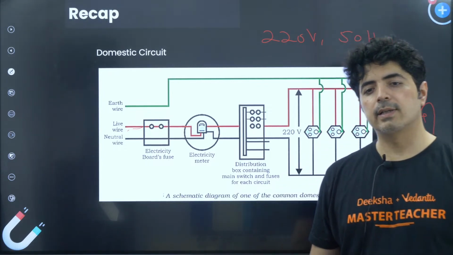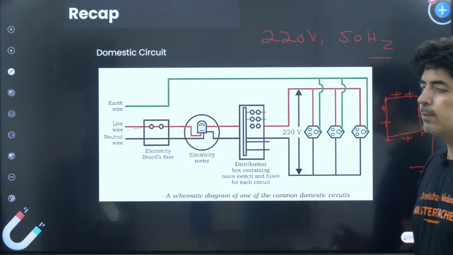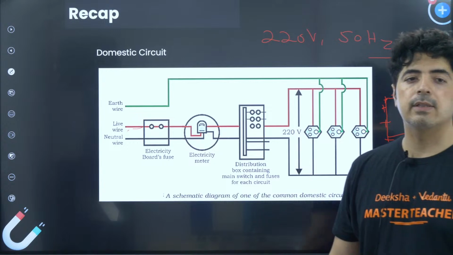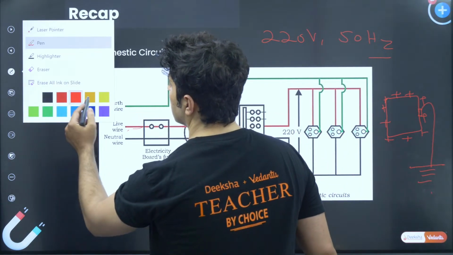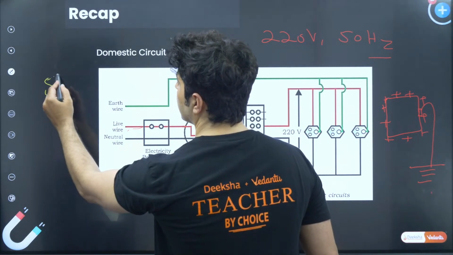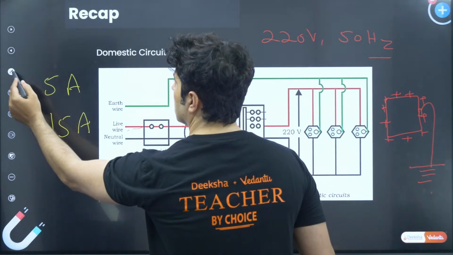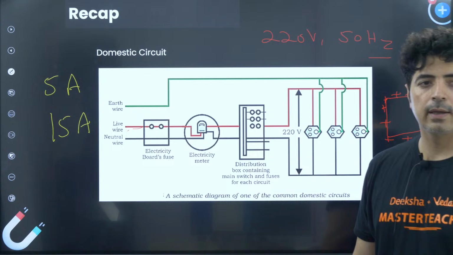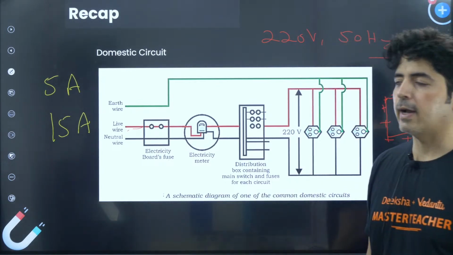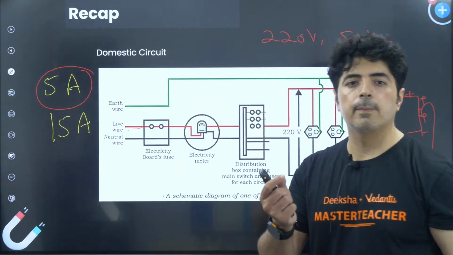All right, so let's go further. What other things are there? One more thing which comes here. There are two kinds of supplies. One more type of question which is asked in exams is 5 ampere and 15 ampere. What is the meaning of 5 ampere? The 5 ampere line is used for small appliances.